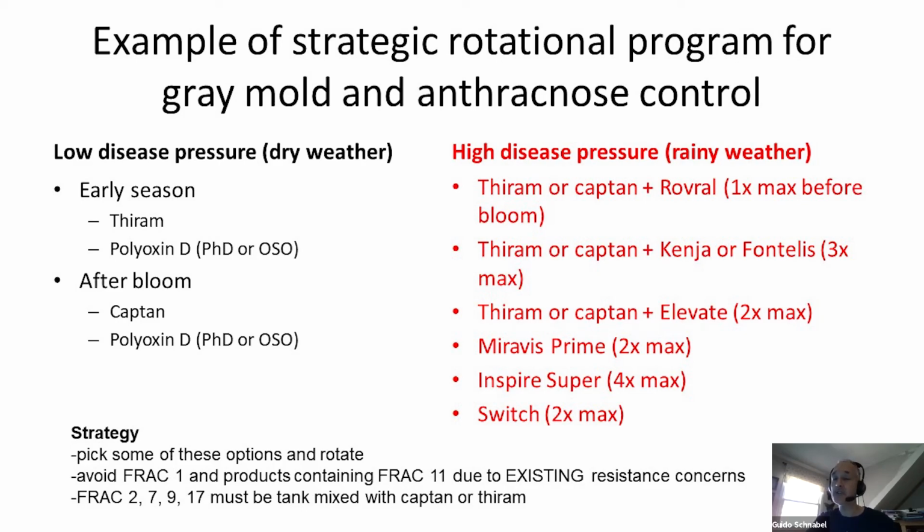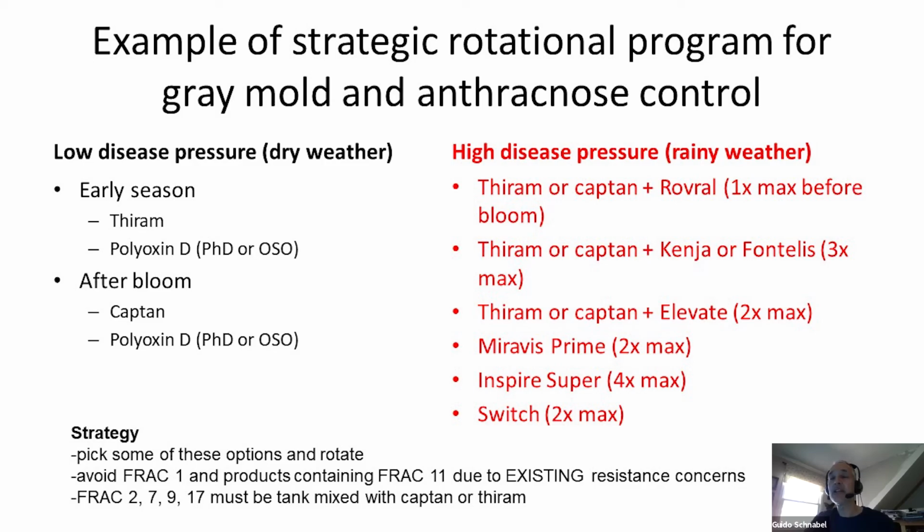But if that changes and you're expecting a lot of humidity and moisture, then you need to actually work with combination products, or you need to combine Thyram or Captan with something else like Rovral early season. You can do this one time. You can combine Thyram or Captan with Kenja or Frontalis.